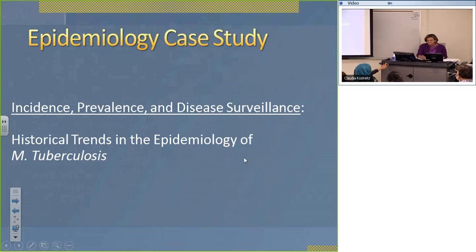So we were wondering whether the TB they're talking about in the study is latent or active. But I think there are discussions.